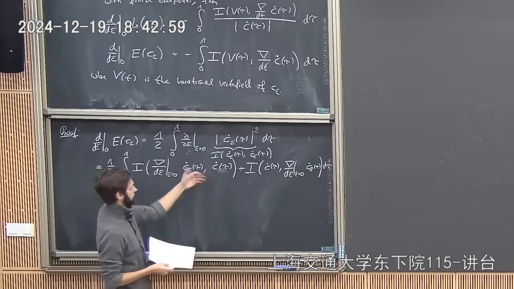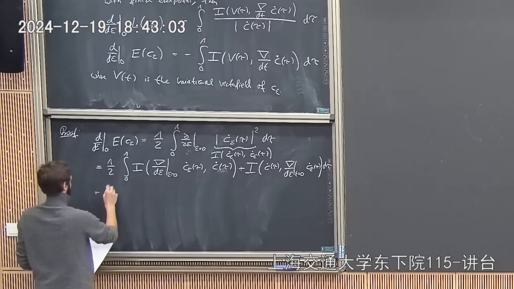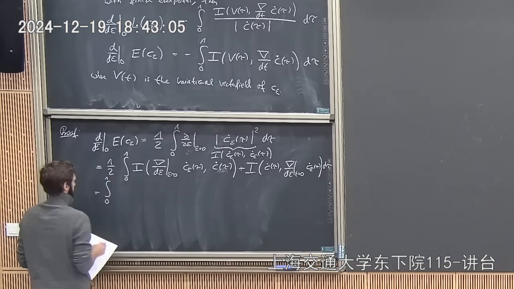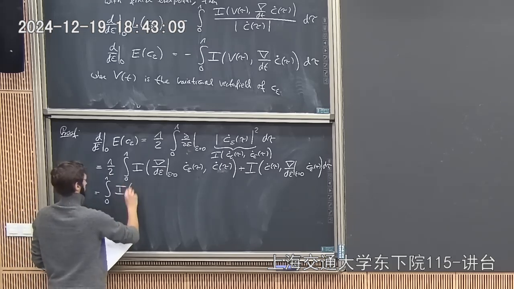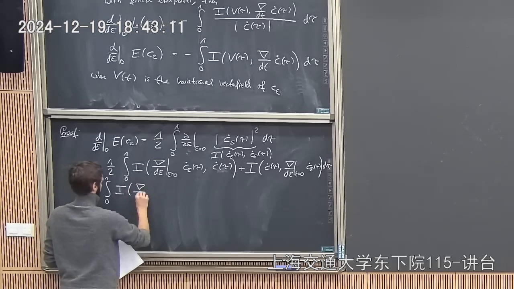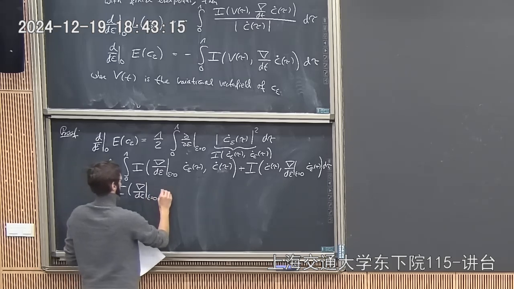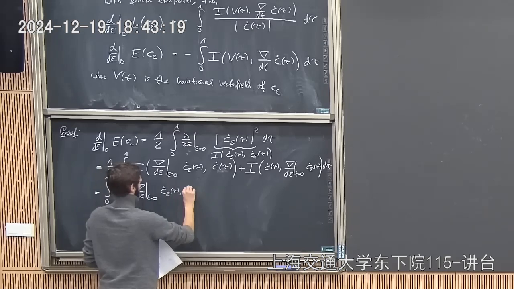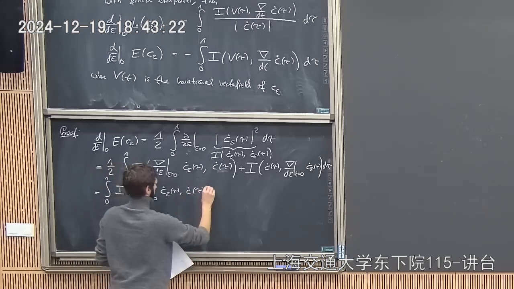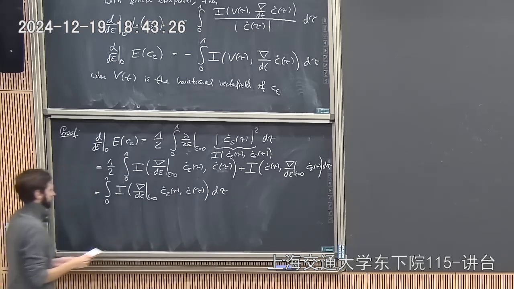So we can interchange that and get 2 times the same. So this cancels with the first 1/2. So what we get is the first covariant derivative at epsilon equals 0 of this expression d tau.